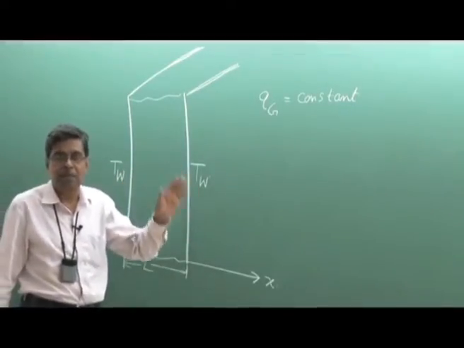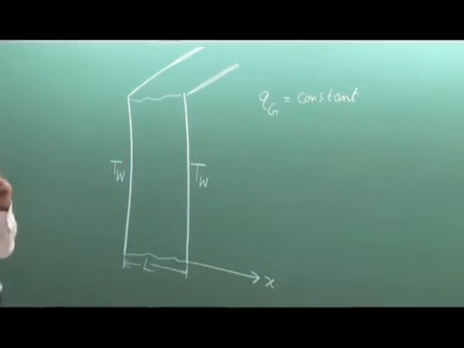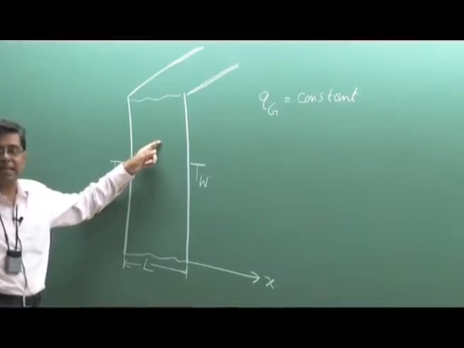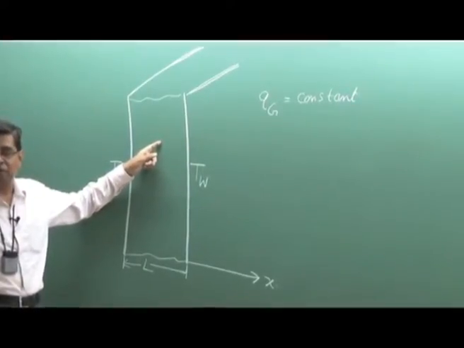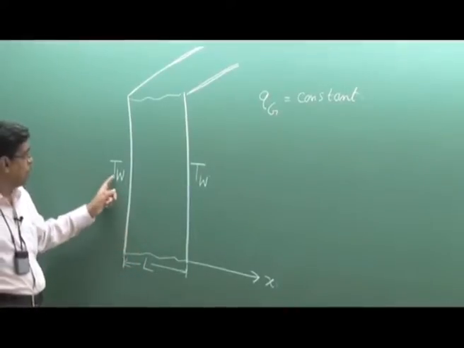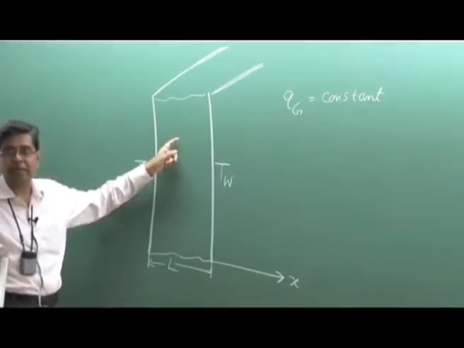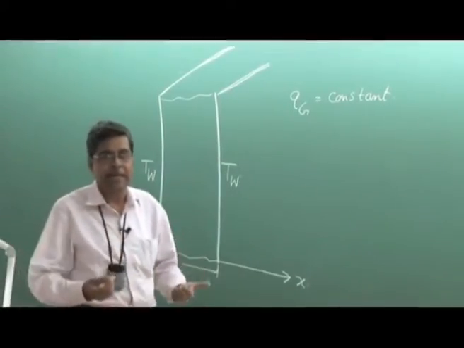Tw is relatively small, and we expect that because of the generation of thermal energy, the temperature will be much higher than Tw. It is a practical problem, cooling a wall or a plate so that Tw is kept small.